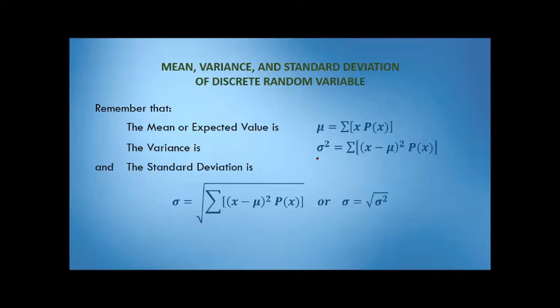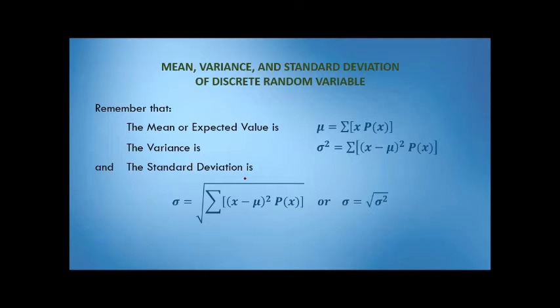Take note of the formulas we're going to use. The formula for mean or expected value is mu equals the summation of x times p of x. The formula for the variance is sigma squared equals the summation of x minus mu squared times p of x.